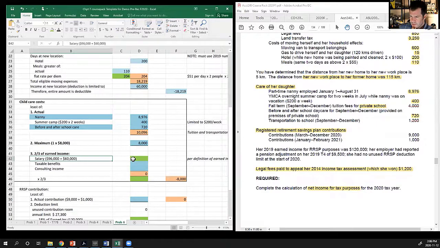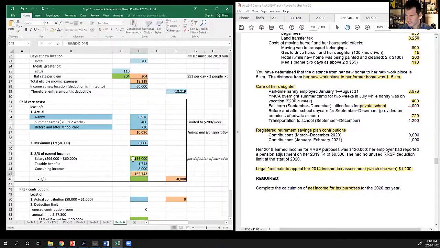So the salary equals whatever it is, 96,000 plus 60,000. That seems right. The taxable benefits were what? 1743. And then also there's some consulting income, which I want to say was $8,000.